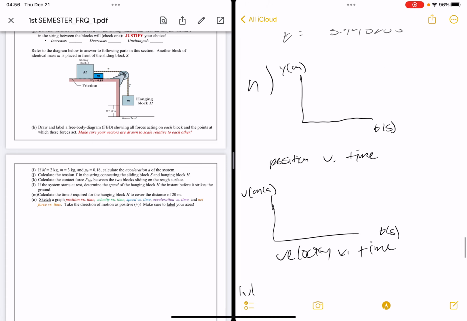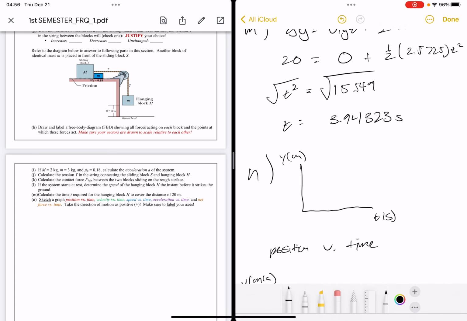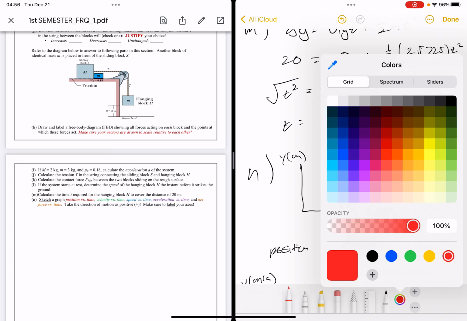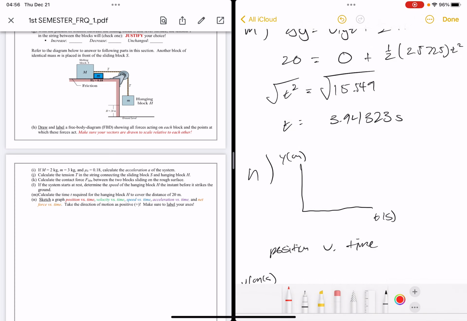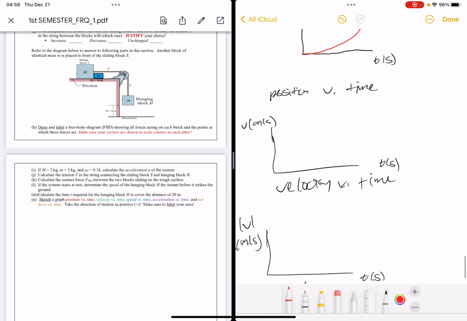Okay, so I'm gonna switch to my red pen to draw out the lines. First, position versus time. When acceleration is constant, it's gonna go like this. It's positive, so concave up. Next is velocity versus time, and we know that it just increases since acceleration is constant.